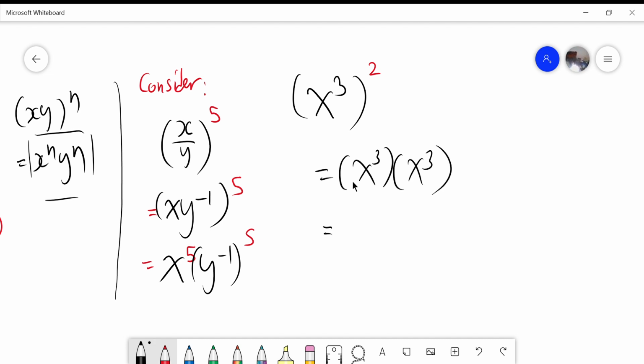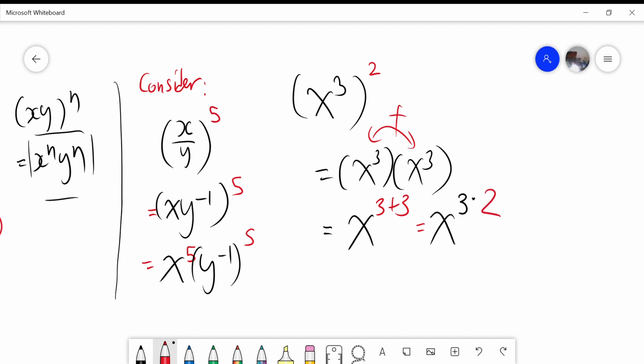Using the sum rule, we can conclude that this is equal to x to the 3 plus 3, in other words x to the 3 times 2, which is equal to x to the 6.